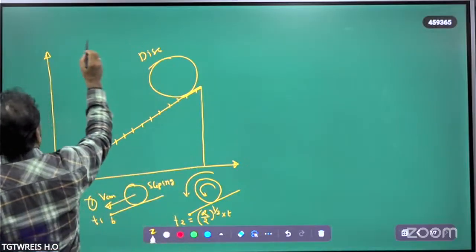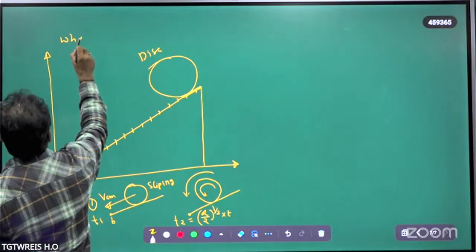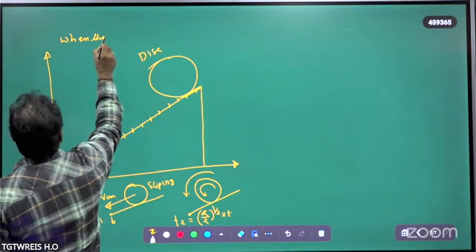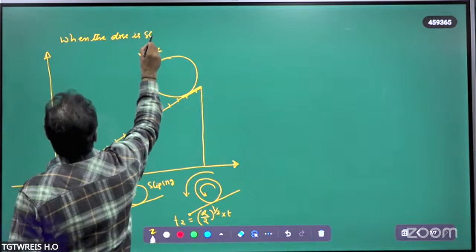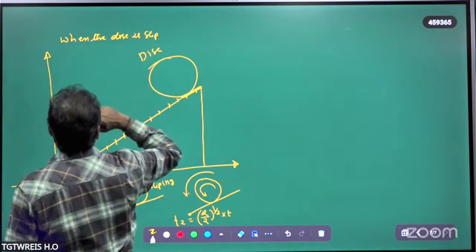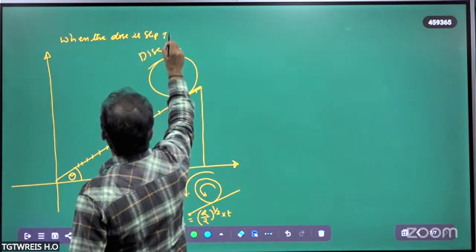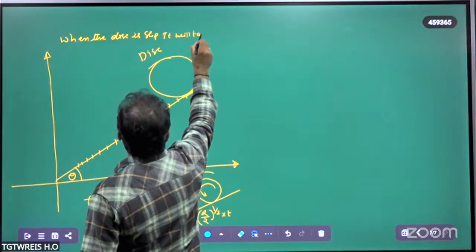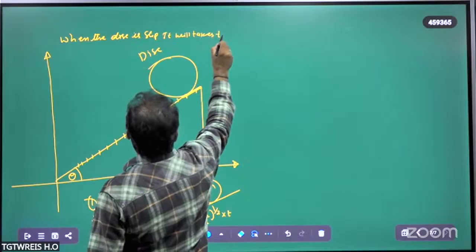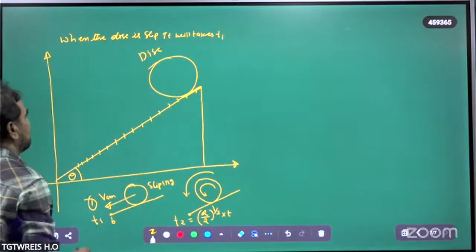When the disk slips, it will take t1 seconds.